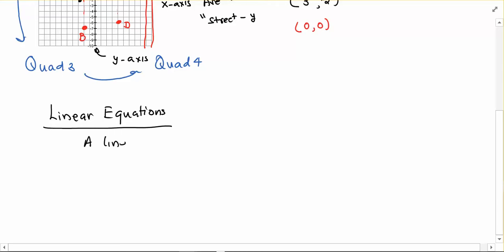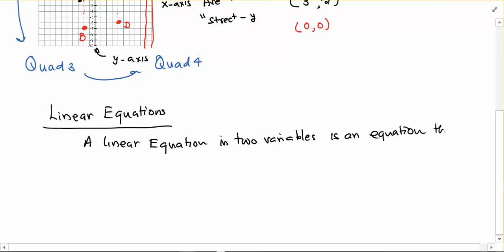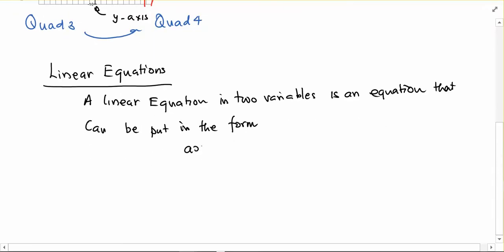A linear equation in 2 variables is an equation that can be put in the form ax plus by equals c, where a, b, and c are real numbers.